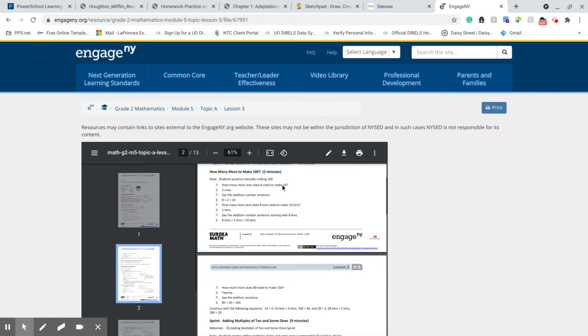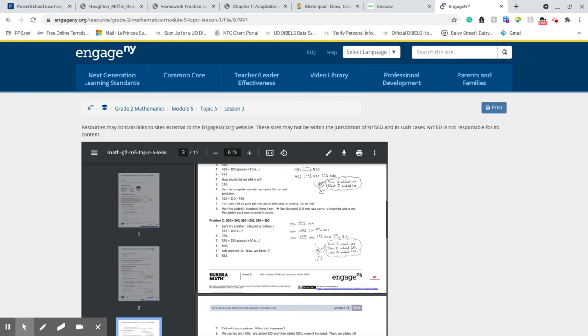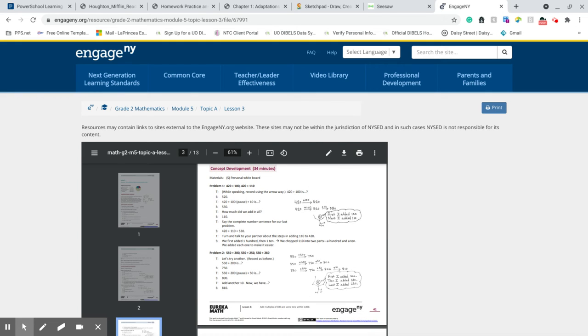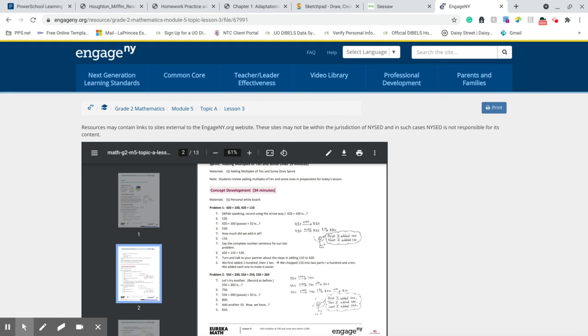Okay, so let's do one more and we should be about done, just because this is pretty easy. You're just adding hundreds, a number where the hundreds change, and then you're adding a number where the tens change.